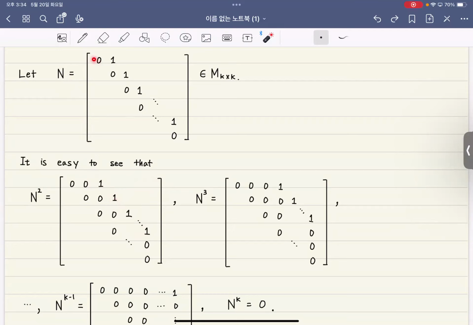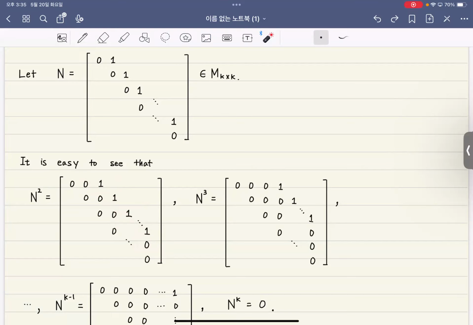This is a very simple computation. If you take the square of this matrix, then we have zeros on the diagonal and zeros above the diagonal, and above that we have just ones. This is merely computation, so if you cannot trust me, you can verify by yourself.